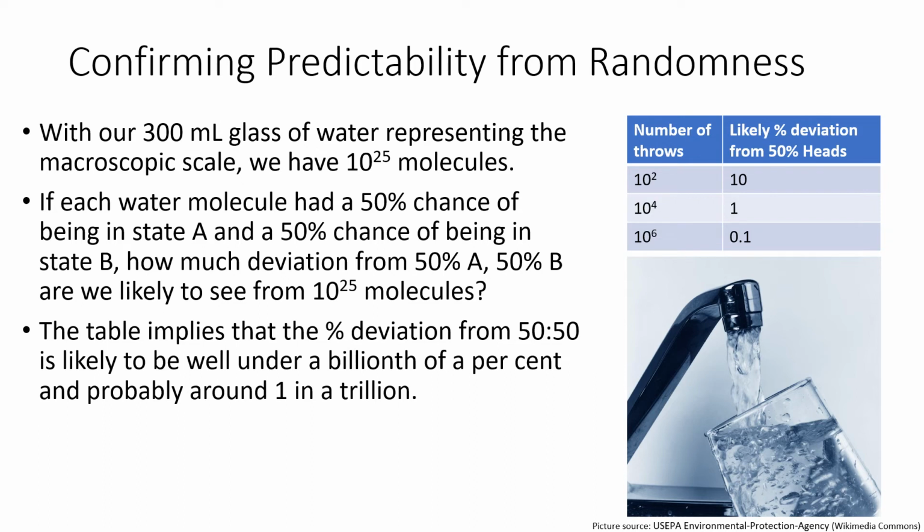So it's a tenth of a billionth. And this is like 1 in a trillion, because to convert a percentage chance into a 1 in something chance, you multiply by 100. So this is 1 in a trillion, and this is actually us having rounded down our 10 to the 25 to the nearest even number power. So it's an even smaller deviation than that.